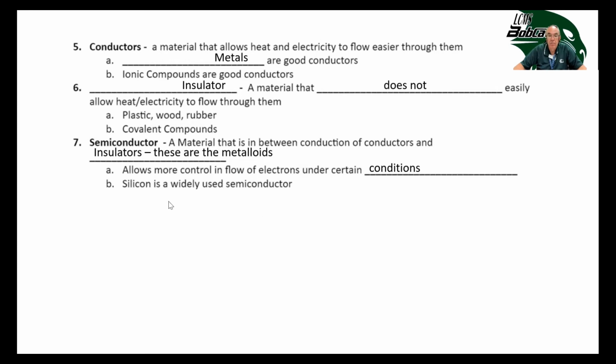So basically, if we take a phone or computer apart, sometimes the board is green, sometimes it's all brown. That's the silicon. That's the semiconductor. It's the board. Okay. We're going to take a look at this little clip of conductors and insulators.